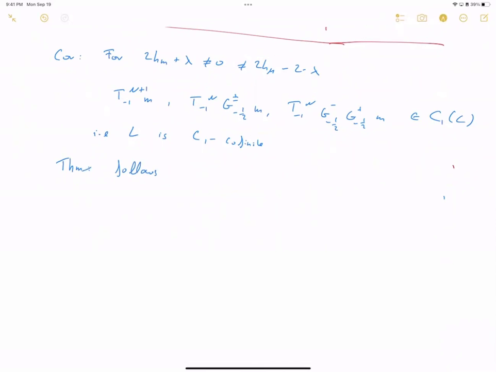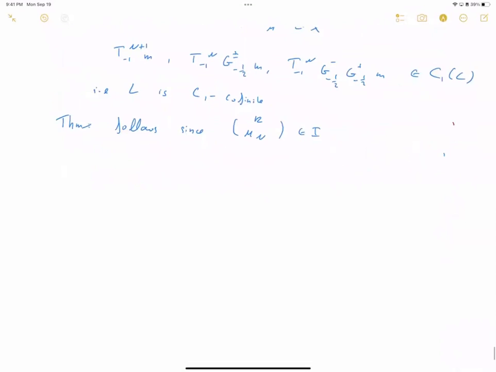The theorem follows since one has this very nice statement that if one has an intertwining operator of type M, N to R that is surjective, and M and N are both C1 cofinite, then also R is C1 cofinite, and it is easy to find good intertwining operators.